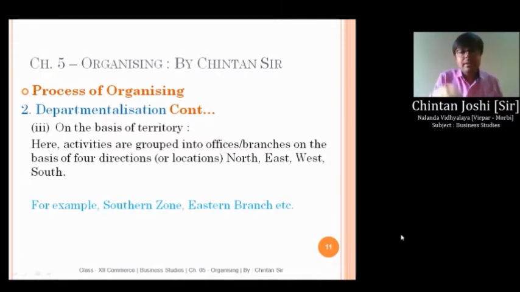It might happen that we may have the office located into the territory in the central portion. At that time we will call it central zone, right? So on the basis of territory. So there are three ways for the departmentalization process that we have gone through.